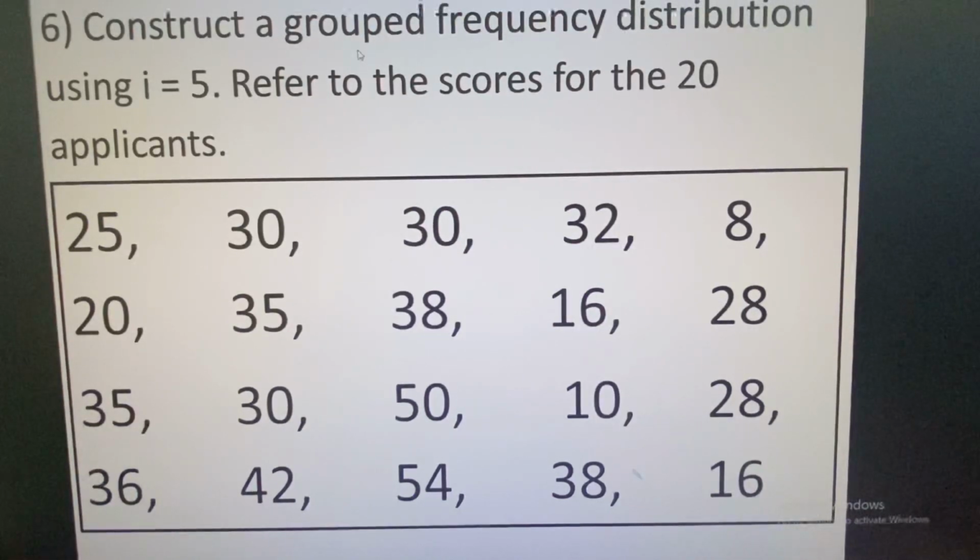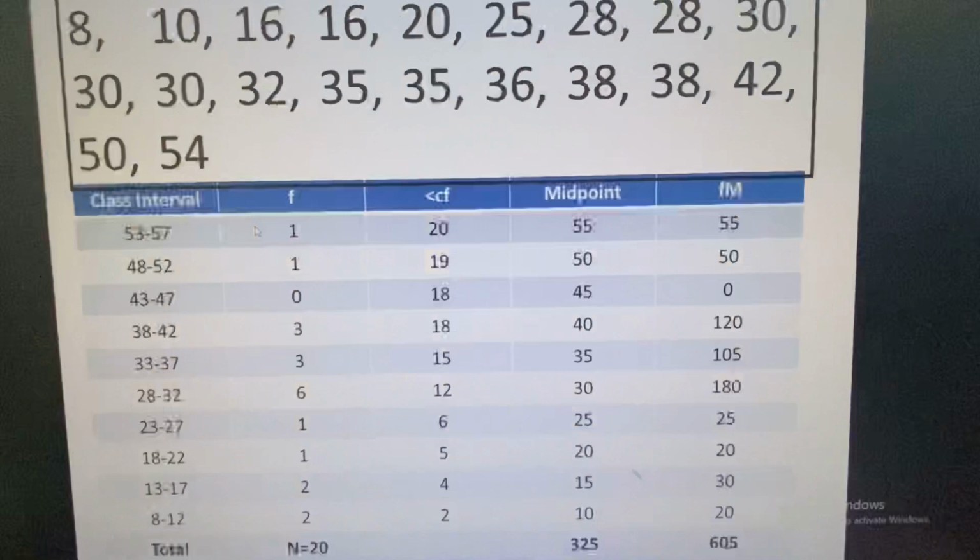If you are going to construct a group frequency distribution table, I prefer to arrange the scores in ascending order from smallest to biggest. So I started at 8, 10, 16, 16, 20, and up to 54. Okay? So this is 20 scores.